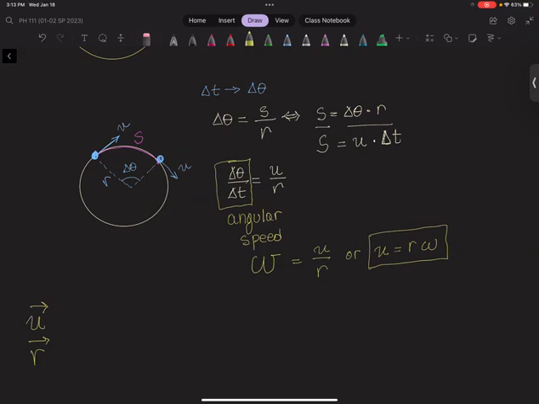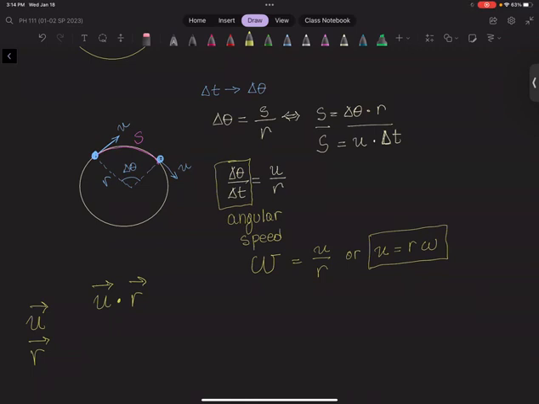Well, let's see. Can somebody tell me what U dot R is? That is a dot product. Excellent. As long as we're dealing with a circular motion, this is zero. These are perpendicular, yes?